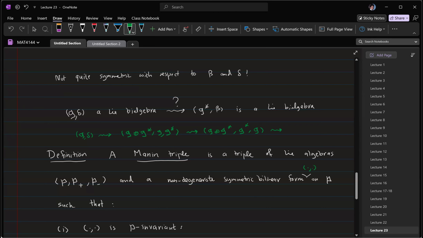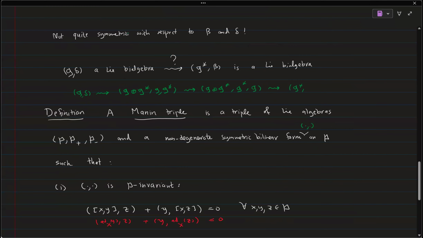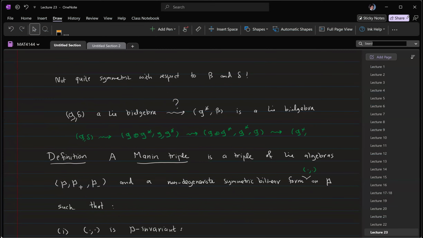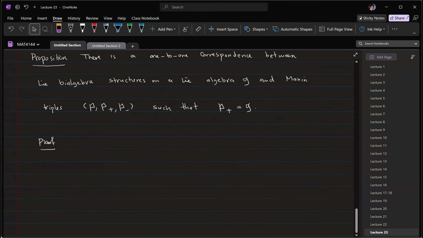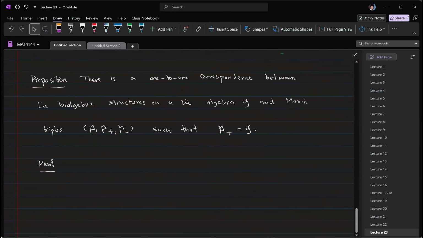And this means that G star with the coproduct that corresponds to the Lie bracket of G is a Lie bialgebra. So the Lie bialgebras on G and G star are naturally in correspondence, because in the Manin triples, you can switch the role of P plus and P minus. From this point of view, that becomes easy. But now we have to see why the concept of a Manin triple is the same as the concept of a Lie bialgebra. Okay? So let's now try to verify that.